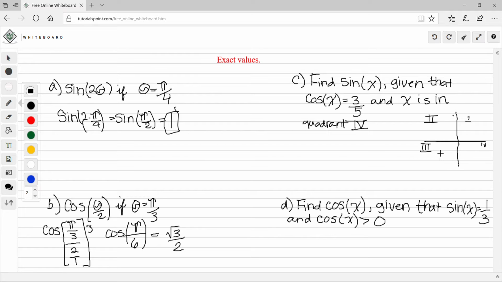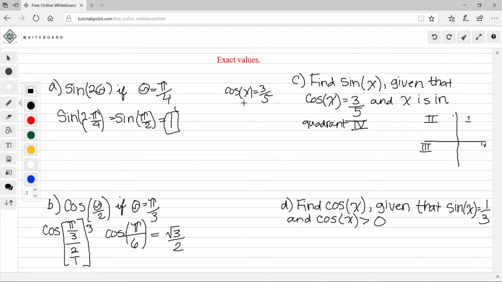So they said that, right over here, let me put some stuff on the left side, we are given that cosine alpha is 3/5.